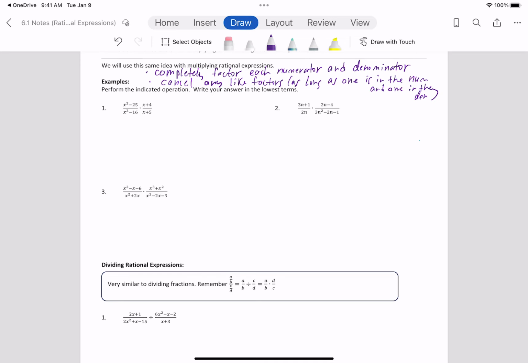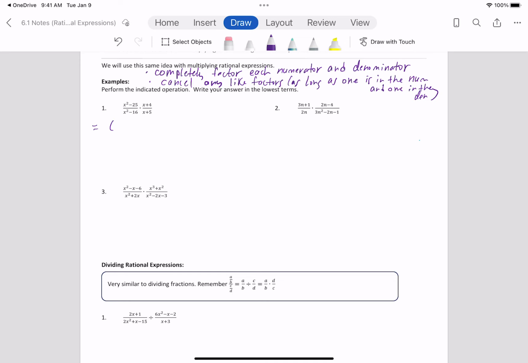Alright? So let's look at this first example. First, we want to make sure each piece, each numerator, each denominator of each fraction is completely factored. So if we look at this first one, I have x squared minus 25. We know that that is a difference of squares.